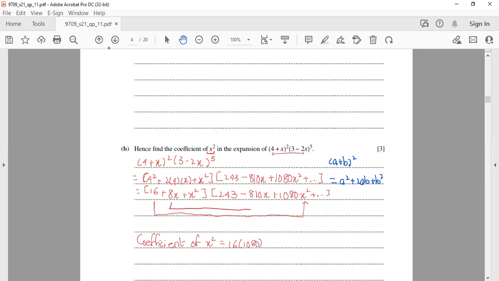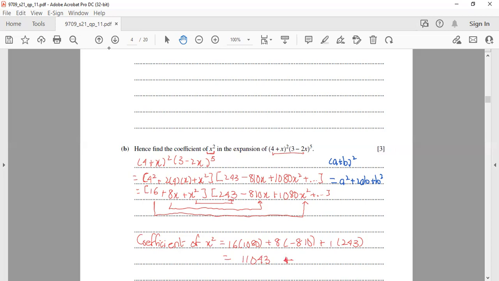So plus 8x multiplied by minus 810x, and x squared multiplied by 243, so plus 1 x squared multiplied by 243, will also give me a term in x squared. When I simplify, I should get 11,043 as the coefficient of x squared.